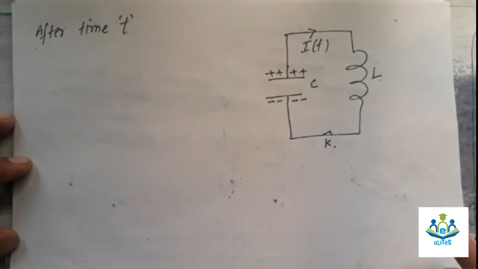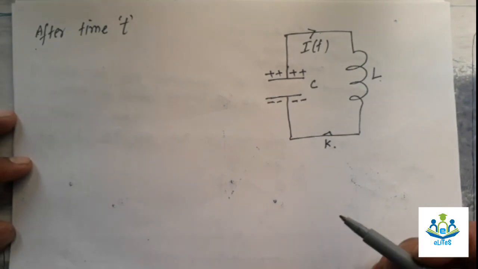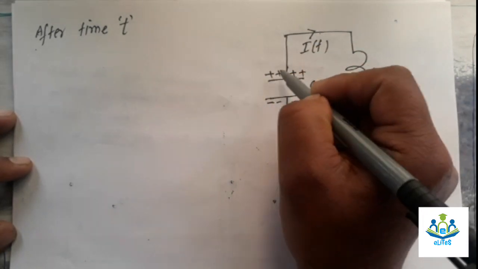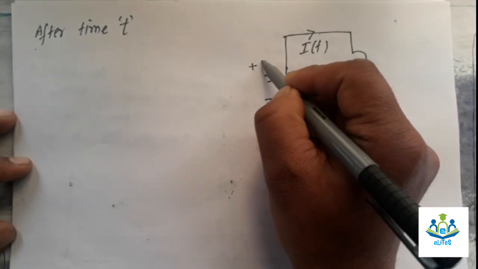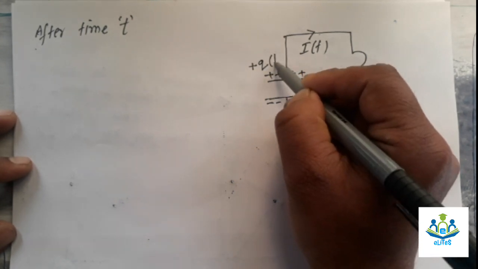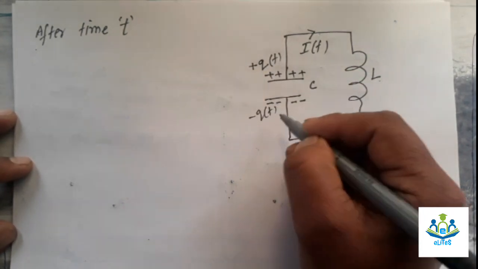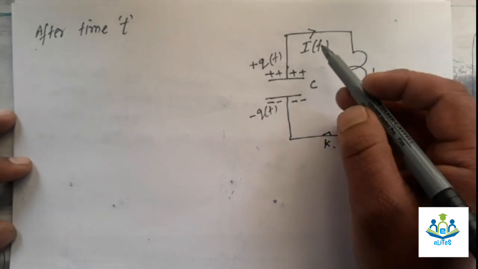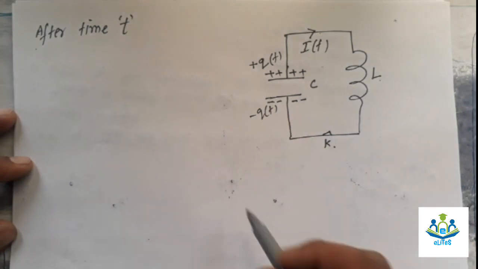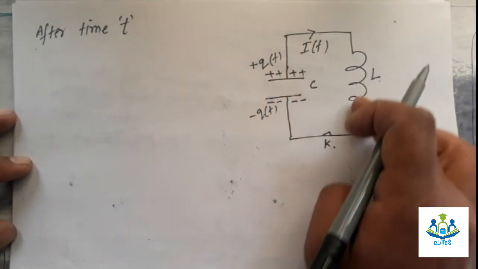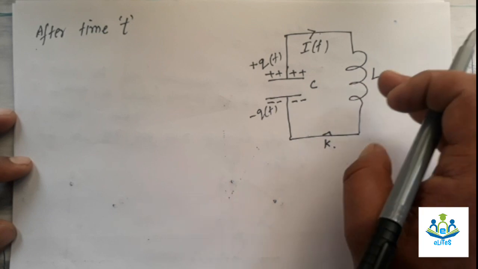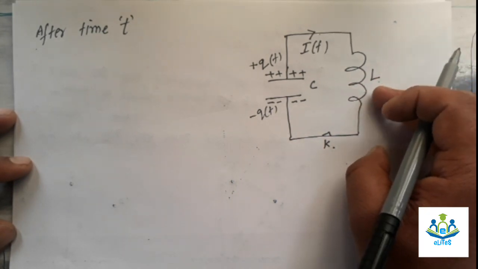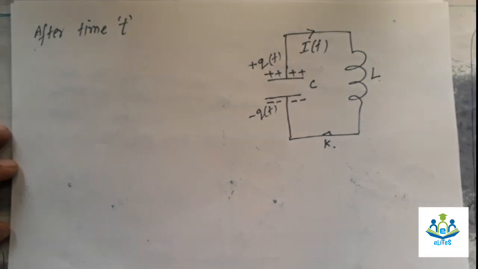After time t, at any instant, suppose the charge on the capacitor plates is plus q at time t and minus q at time t, then the current flowing in the circuit will be I of t. The current will start increasing in the inductor coil, and hence its magnetic field and the magnetic flux linked with the coil start increasing.